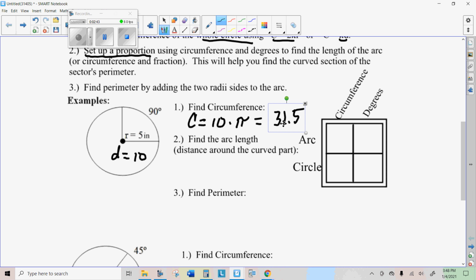Okay, now we need to find the arc length. So in order to do that, you need to figure out what portion of the circle you have by looking at this 90 degrees. Okay, so it's 90 out of 360.